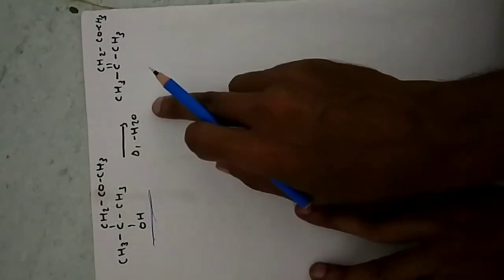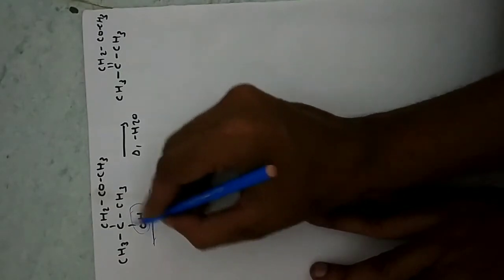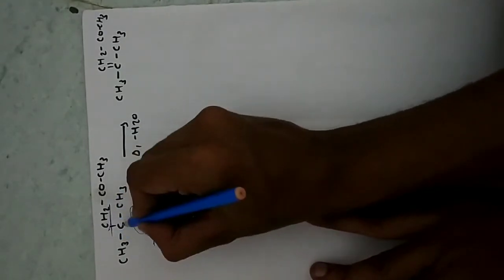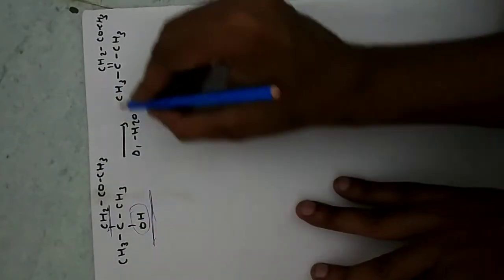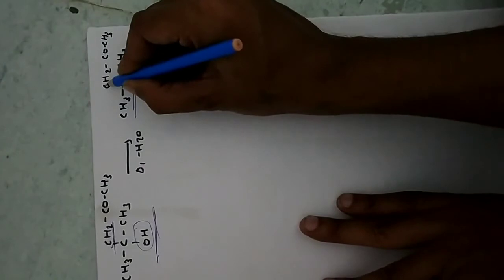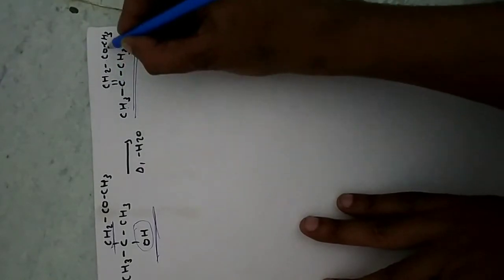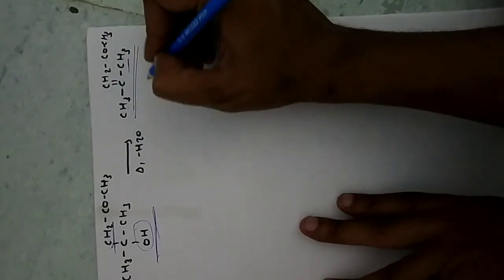In last step you have to remove water molecule, OH from this carbon, hydrogen from adjacent and inner carbon. OH and H removes here, making double bond between them, CH3C double bond CH2COCH3, and then here CH3. Now what is the IUPAC name of this product?